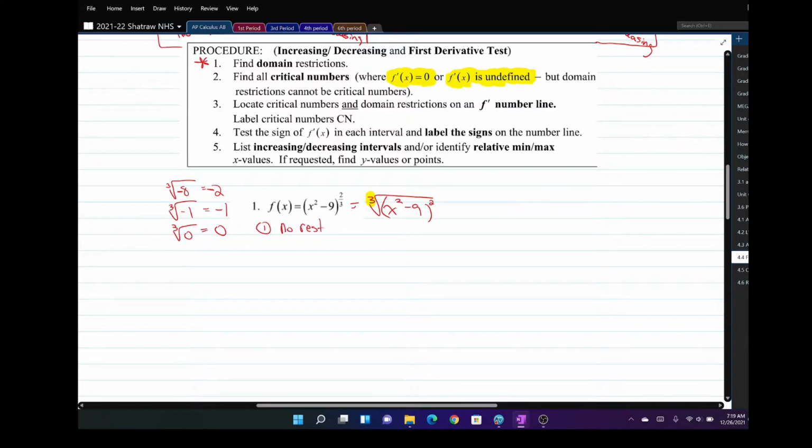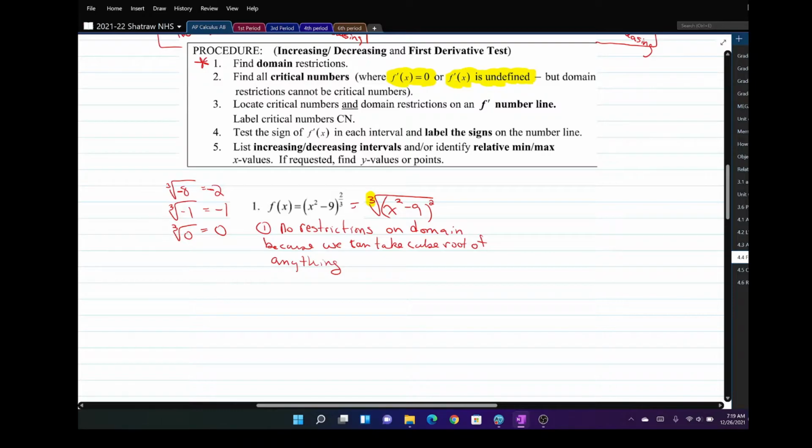No restrictions on domain at all, because we can take the cube root of anything.